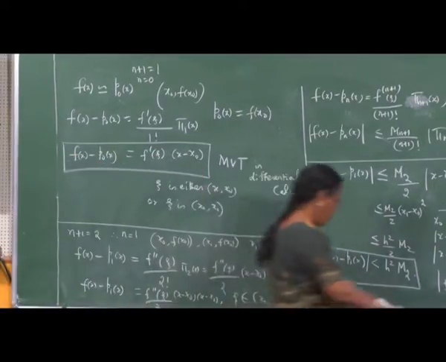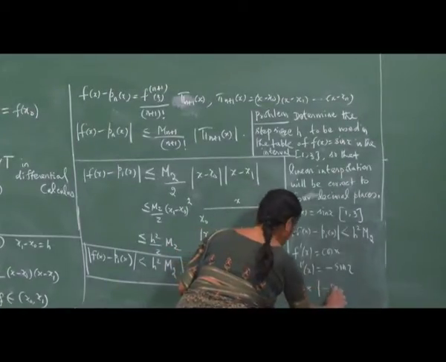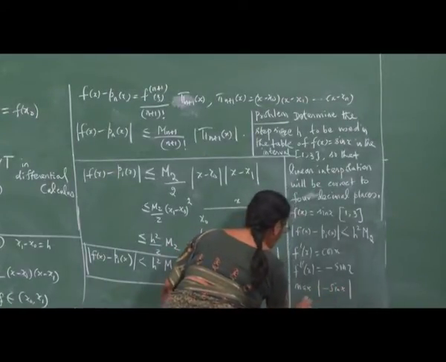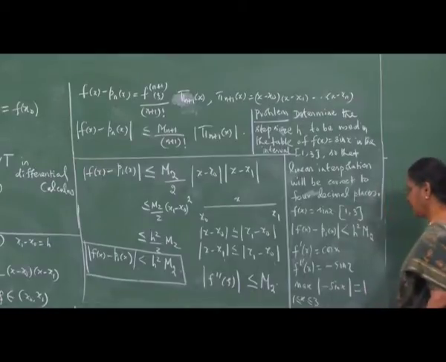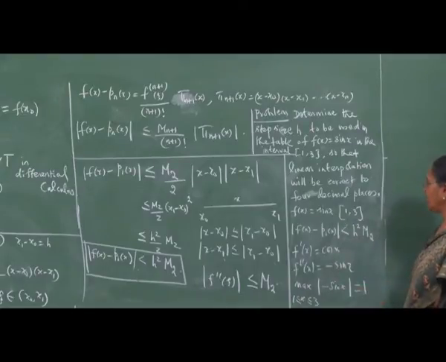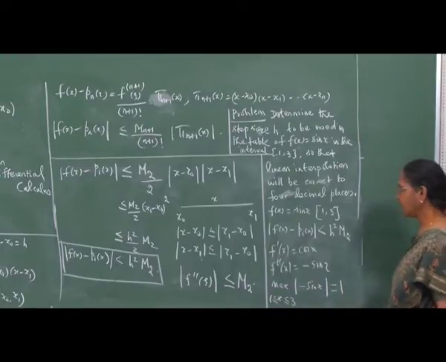So, we can compute the maximum of modulus of minus sin x for x in the interval 1 to 3, and that is going to be 1.